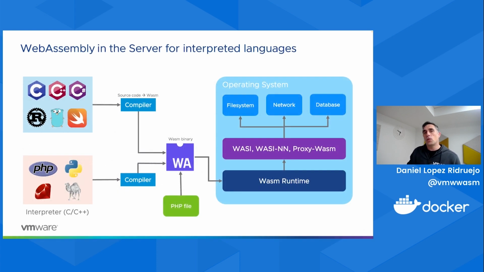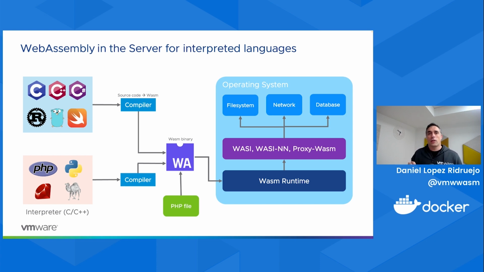We are going to be using PHP for the demo of how to put all these different pieces together. In contrast to compiling a file from C++ into a WebAssembly binary, with PHP you do something slightly different. You don't compile the PHP application code directly to WebAssembly. There is no such compiler or transpiler.